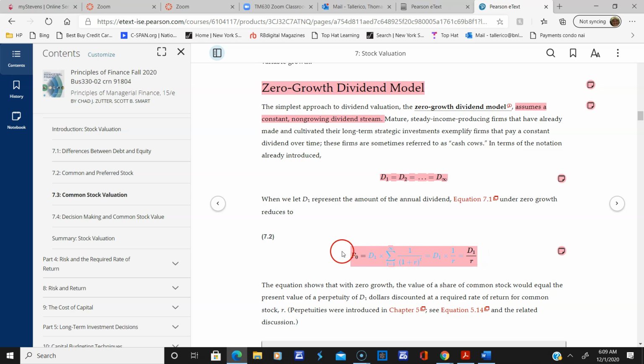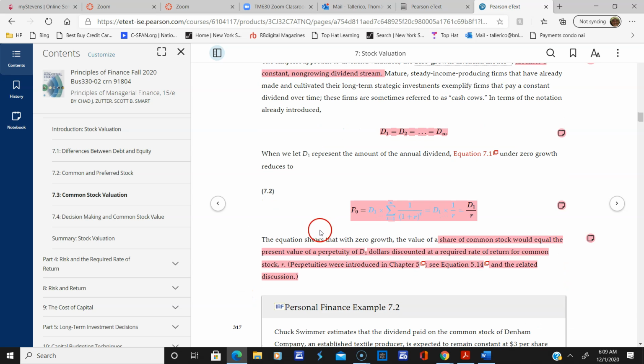It's that simple, basic arithmetic. So the value of a share of common stock simply equals the present value of a perpetuity of D1 discounted at the required rate of return. We already looked at a perpetuity in Chapter 5, so this is an important thing to remember.